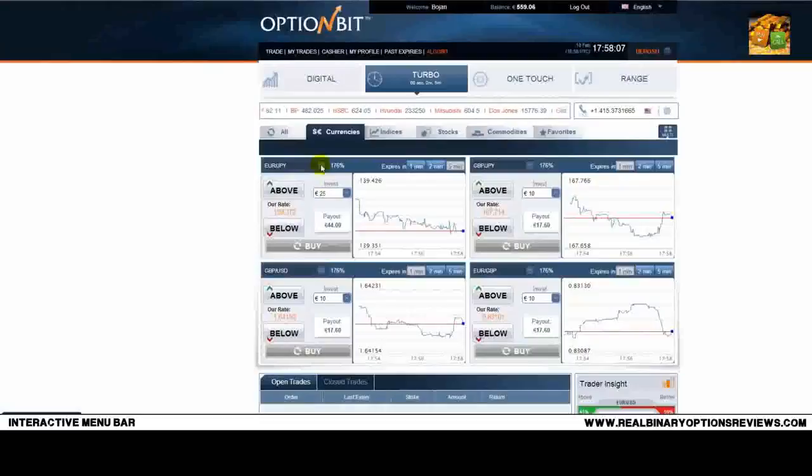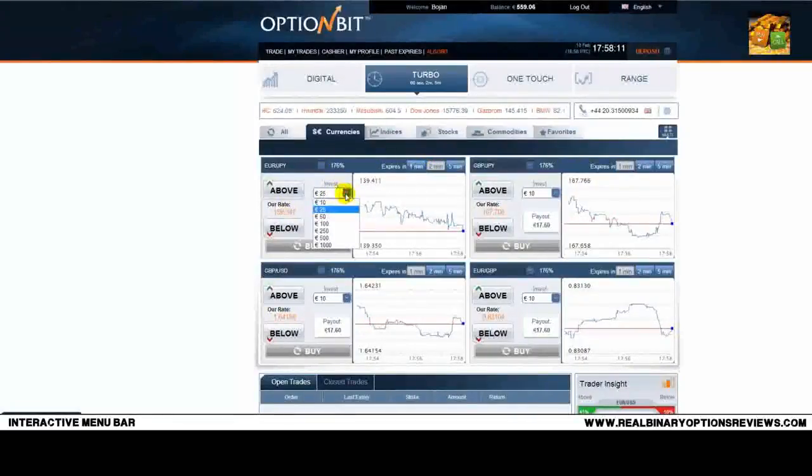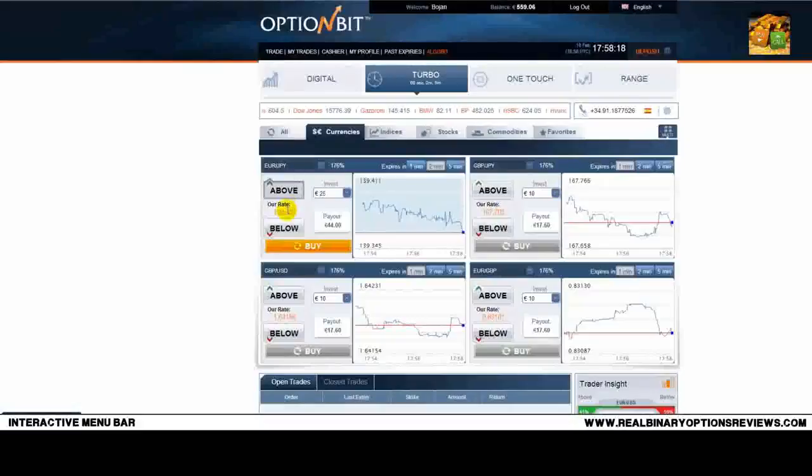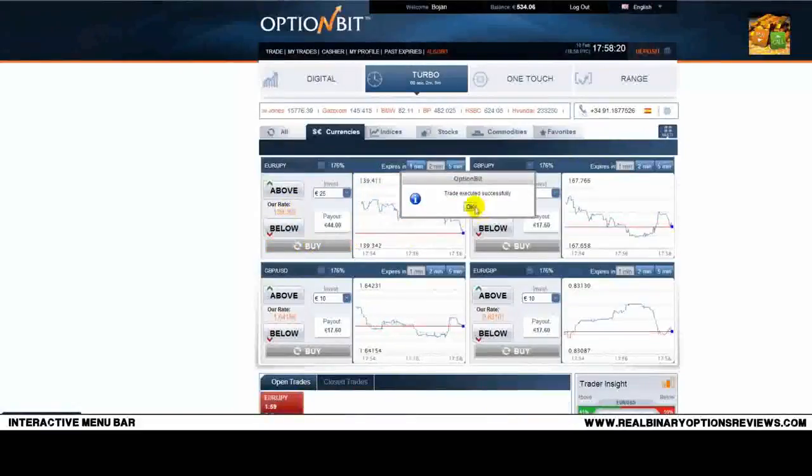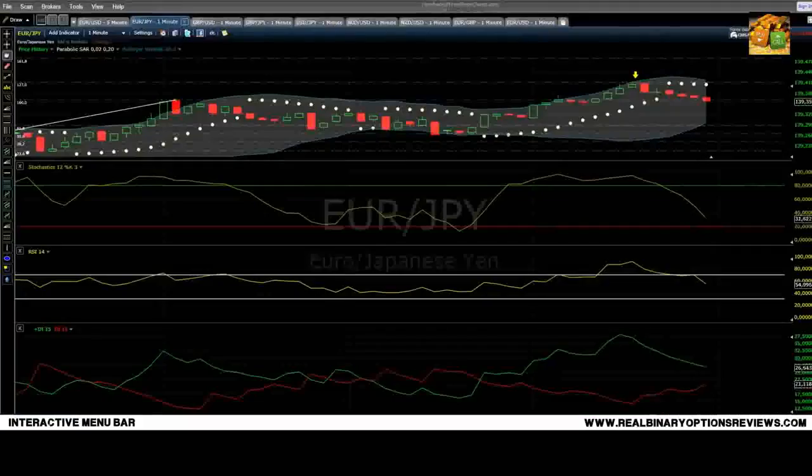So Euro Yen, I'm making a 2-minute trade up with 25 euro investment, and I'm entering now because I see the price broke the Fibonacci line. So the price broke here, and I'm trading 2 minutes expiry.